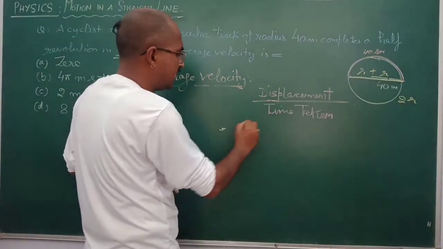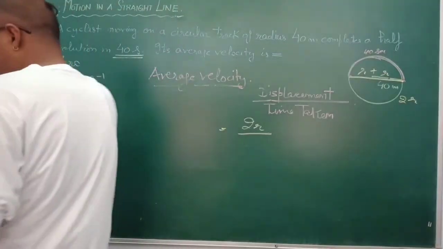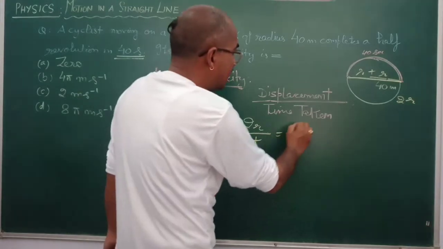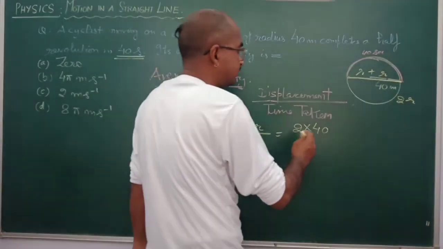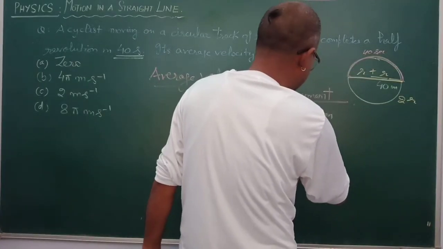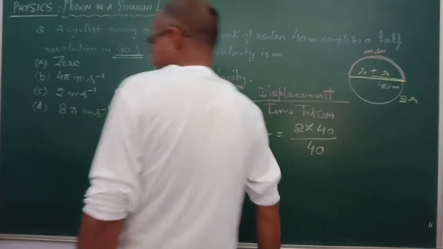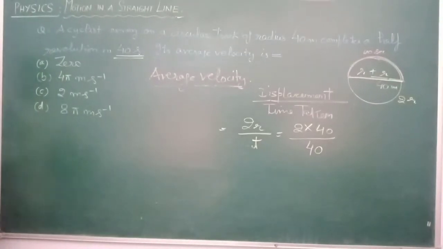So it will be 2R upon time taken, which is T. 2R is 2 into 40 meters upon 40 seconds, because the time given is 40 seconds.